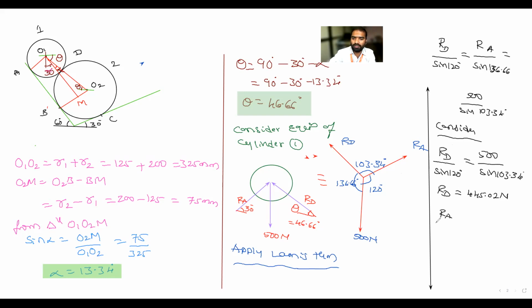Okay, next consider second and third one. RA divided by sin of 136.66 is equal to 500 divided by sin of 103.34.